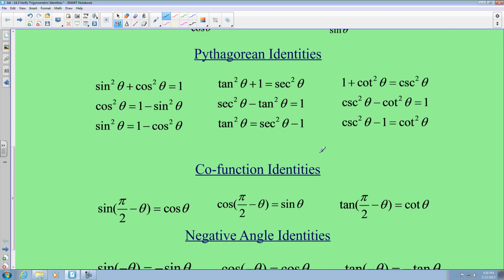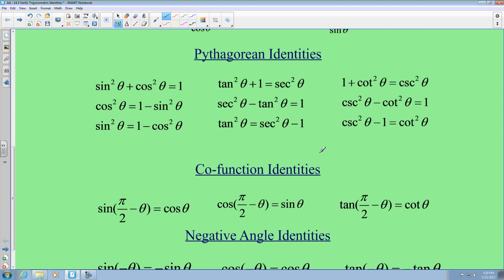Pythagorean identities are derived from both the unit circle and the Pythagorean theorem. The first one is sine squared theta plus cosine squared theta equals 1.